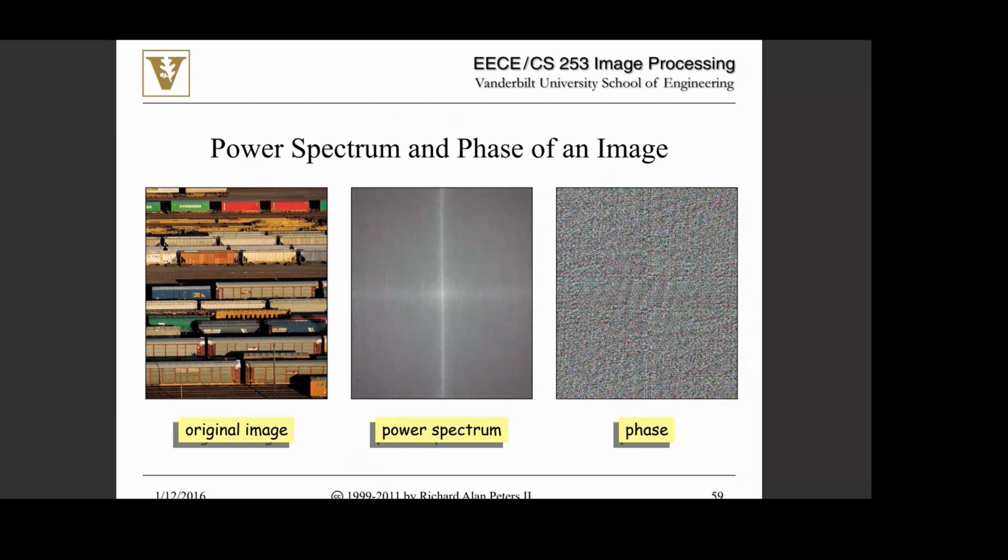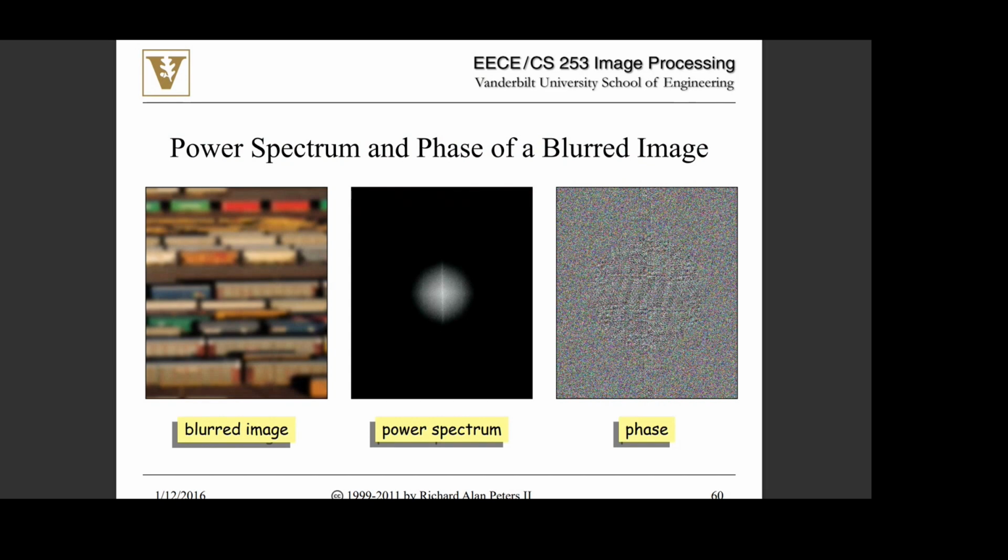Okay, so we take the original image. This is the power spectrum, the modulus of the Fourier transform squared. This is the phase. Then this is the power spectrum if you multiply with a Gaussian. So take the original power spectrum, multiply by Gaussian. This is what is left.